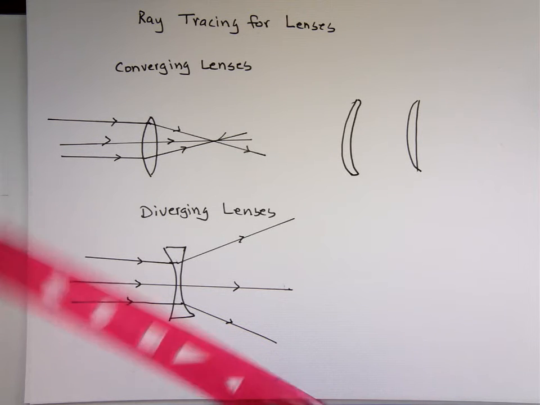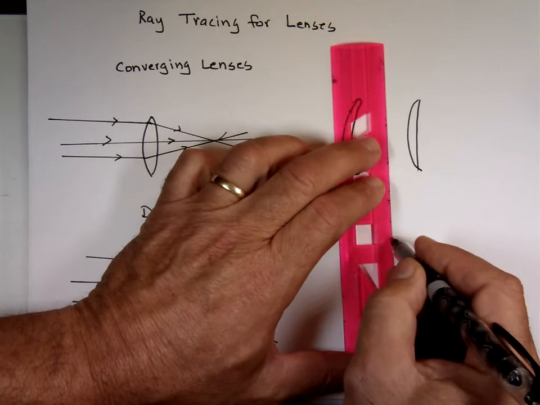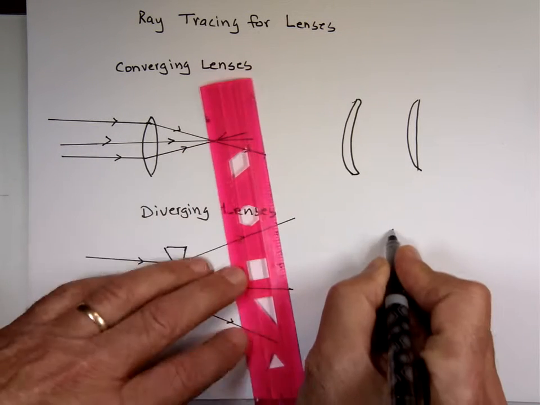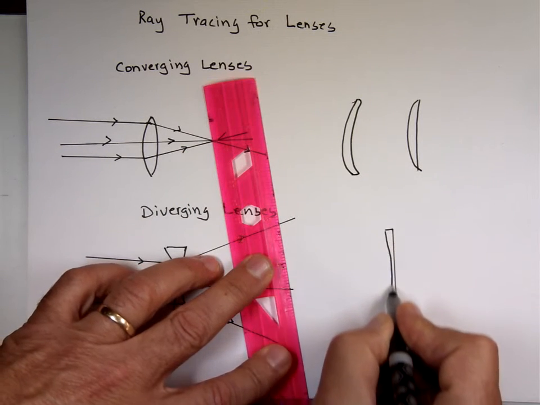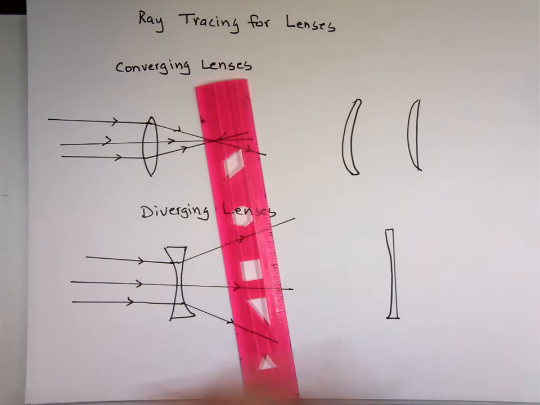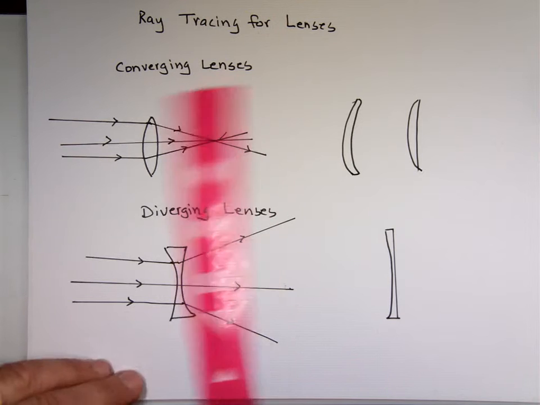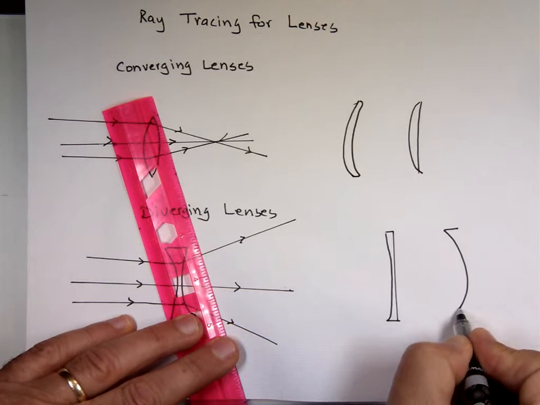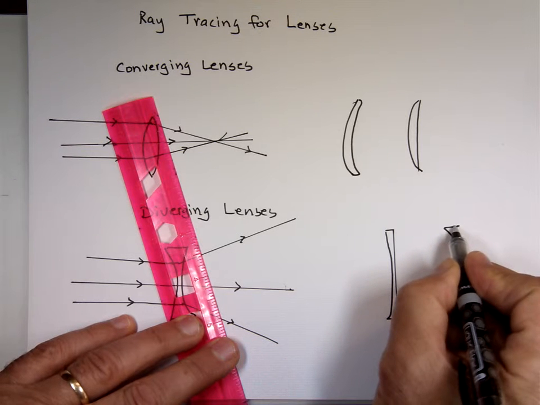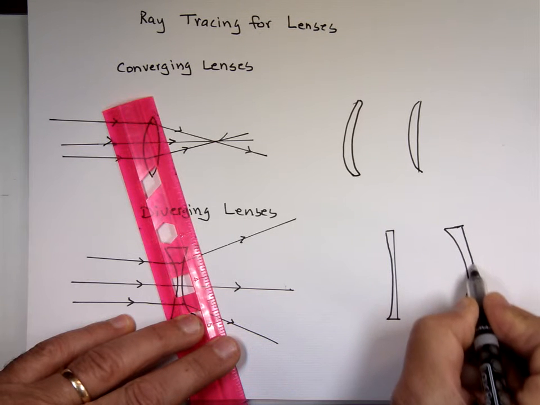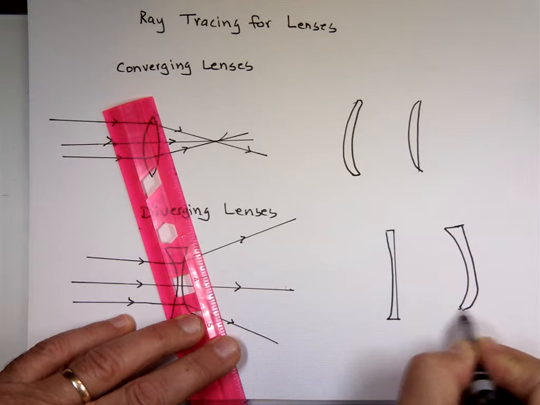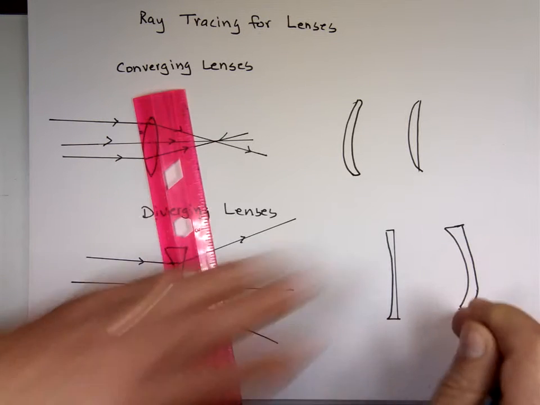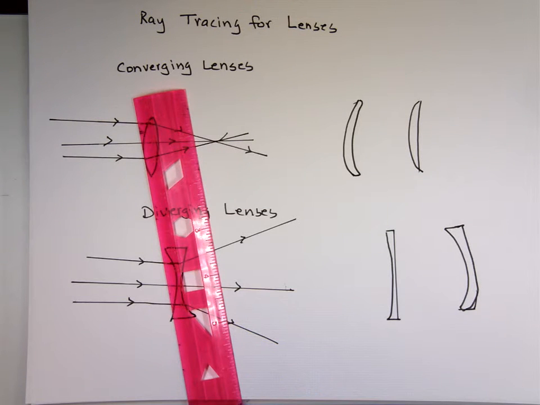Another common picture for diverging lenses looks like this. One side straight, the other one is not. The other one you might see looking like this. One side skinnier, wider on the outside, skinnier on the inside. But all these are called diverging lenses.